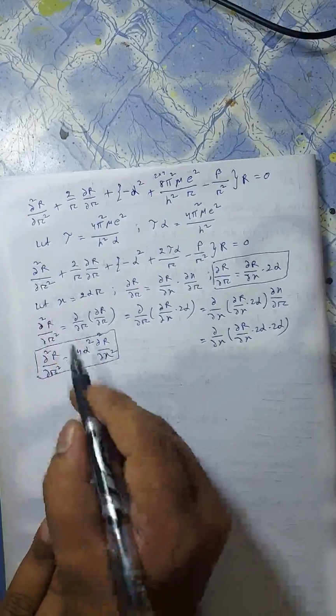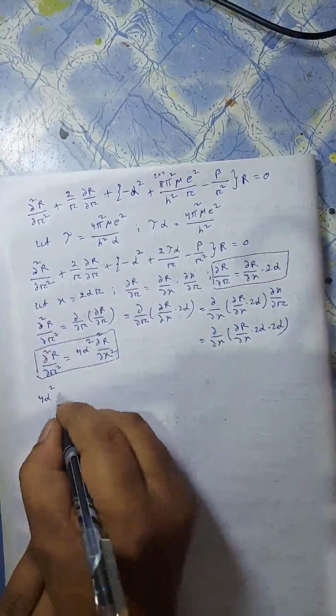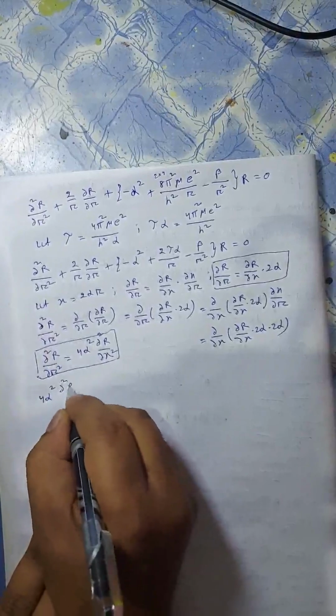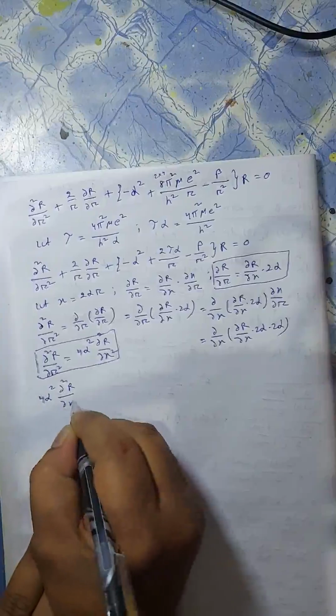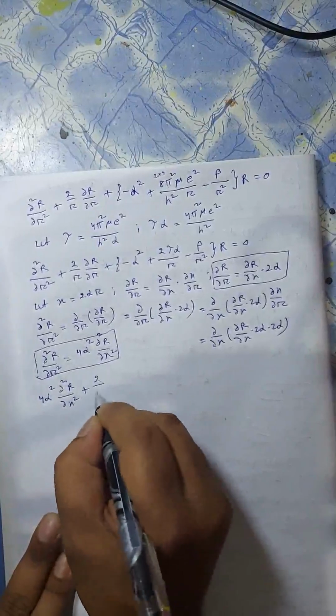In this equation we have to substitute 4 alpha square ∂²R/∂s² plus 2 by r.